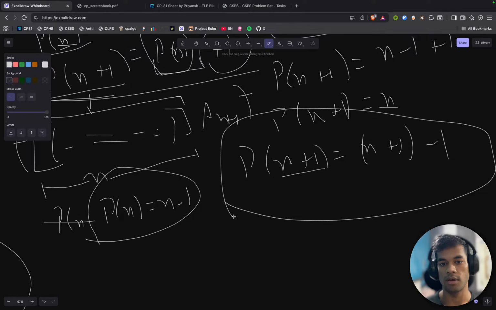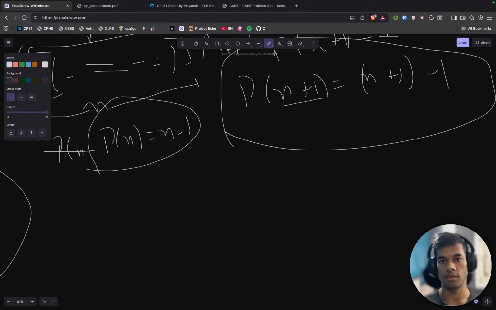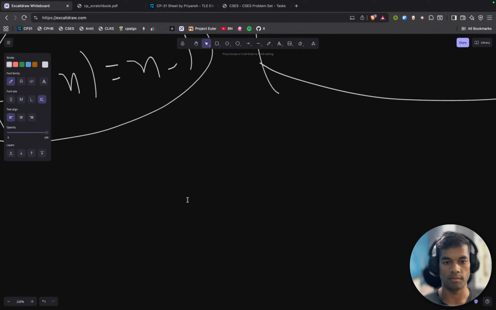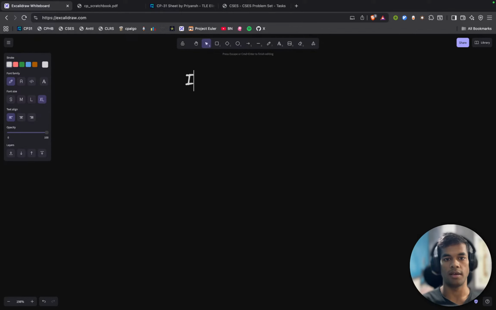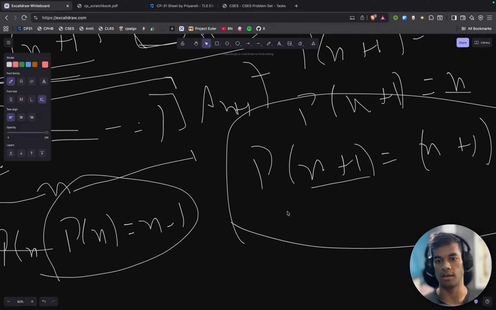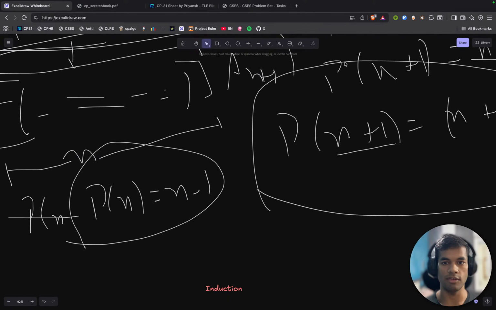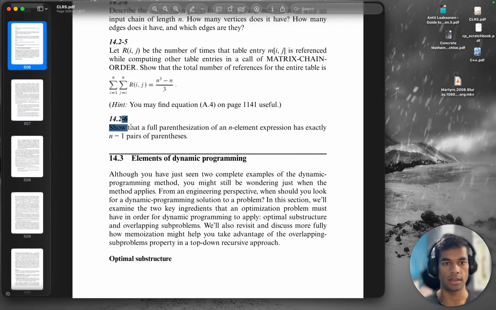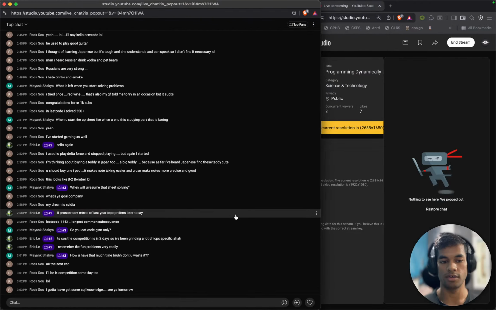Therefore, by induction, this thing is proven, this formula is correct, and therefore this question can be considered done.